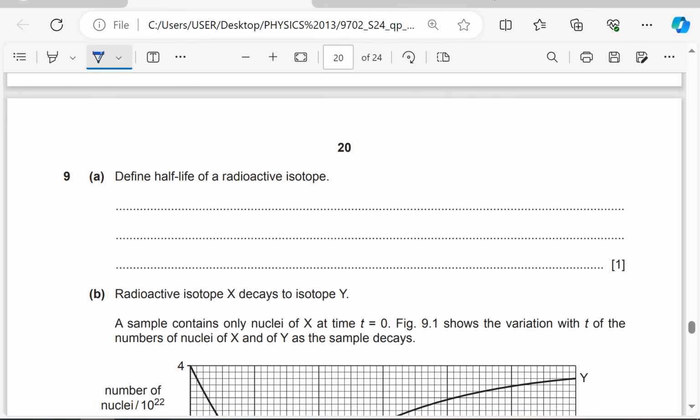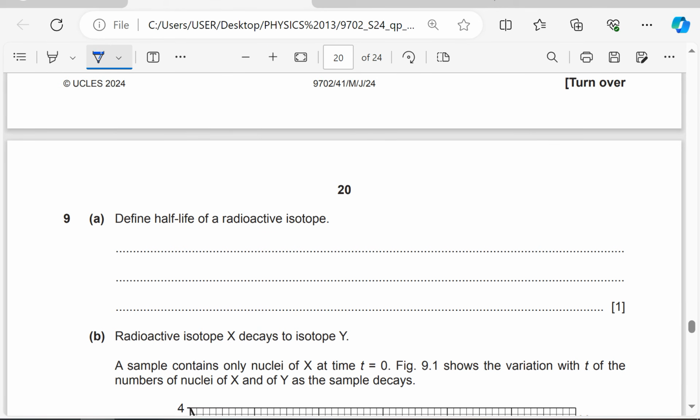Okay, let's go to question number 9. Define half-life of a radioactive isotope. Of course, we know that half-life is the time taken for, let's say, the activity of a given sample to reduce to half of its original value.